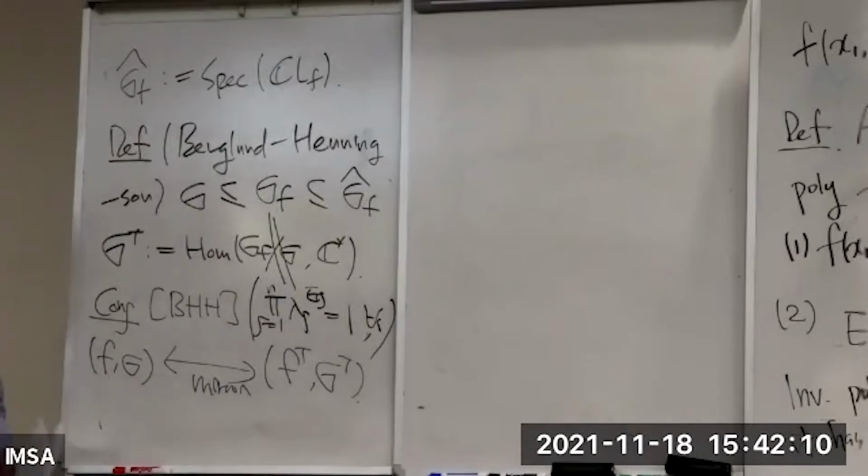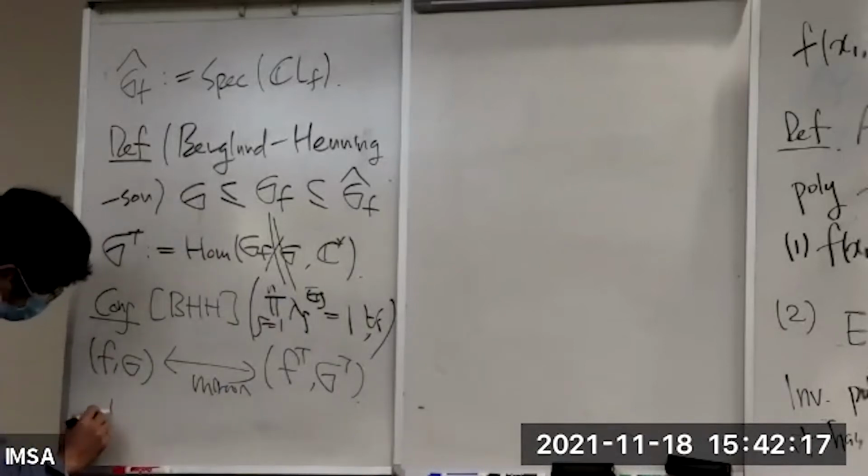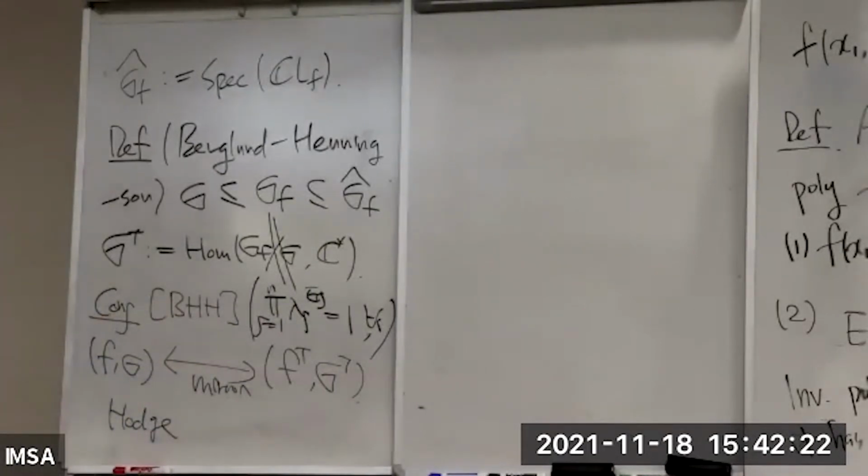I forgot the detail, but Hodge theory can verify this. Is there a known counterexample where it doesn't work? No, I think there are no counterexamples. To be honest, I was very surprised when I first saw this because the mirror is so simply defined.